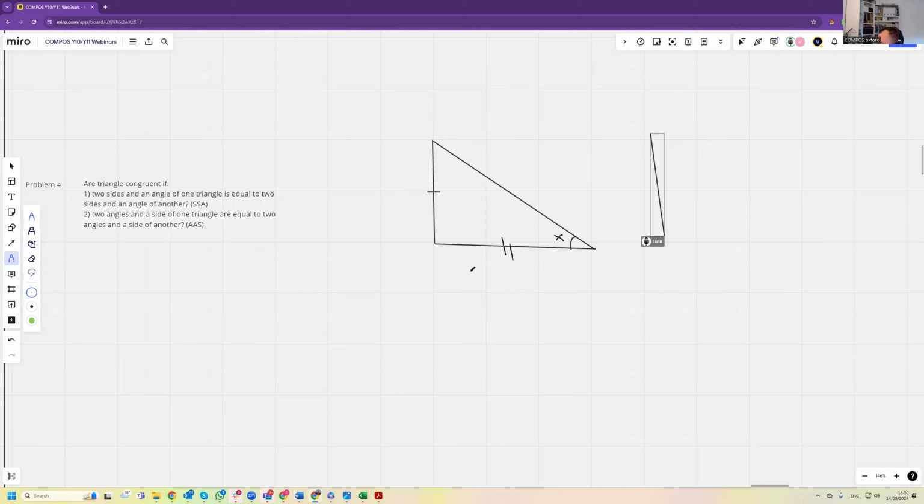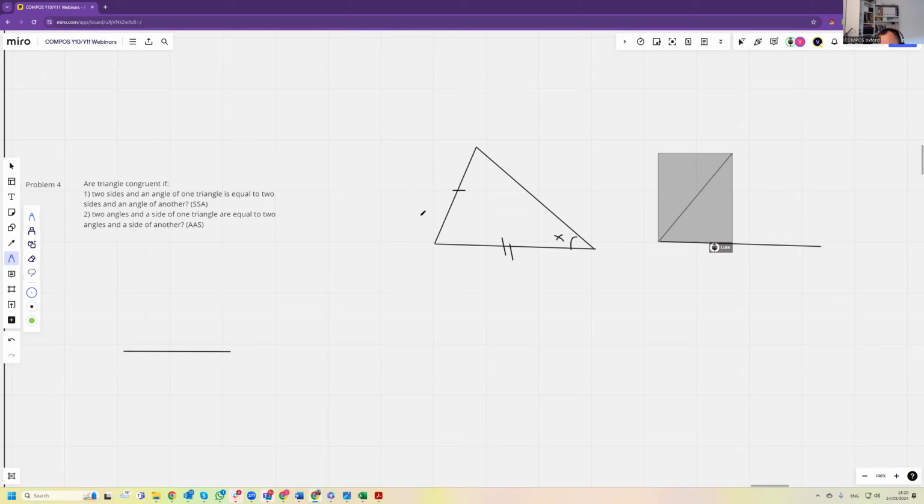You have two possible different triangles. That is true. Yes, you have two possible triangles that fulfill the SSA. I think what you've done wrong here, Luke, is that you've drawn a right angle triangle, which you shouldn't have. It's not supposed to be right. Yes, that's better.